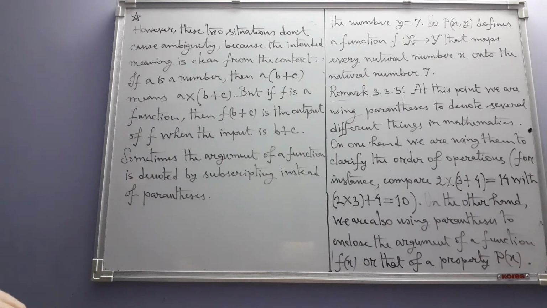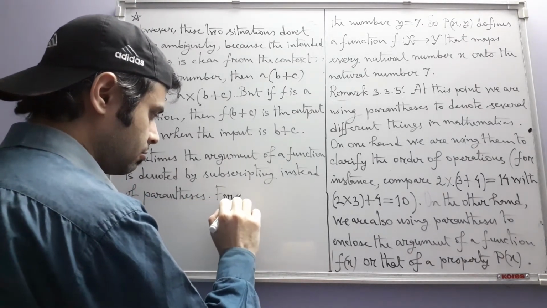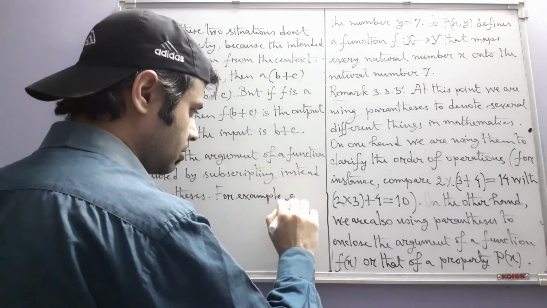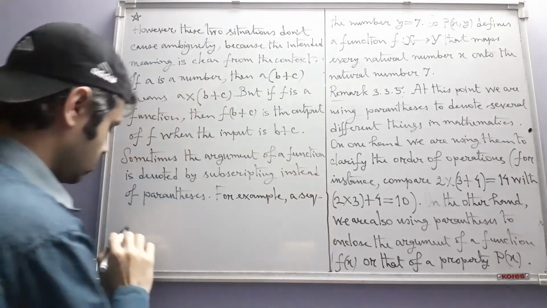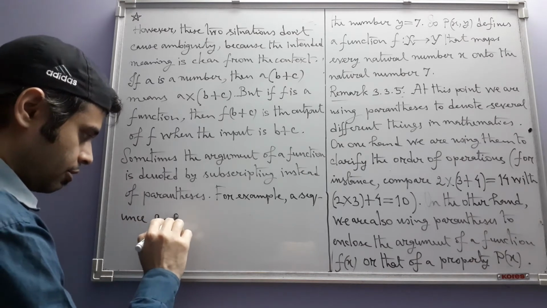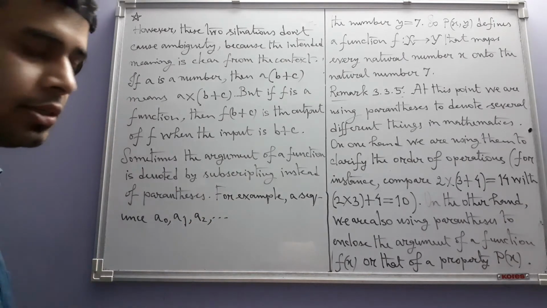Okay, sometimes instead of writing the output like this, we write it slightly differently. It's the usual practice. For example, a sequence A0, A1, A2, etc. Sequence means infinite sequence.